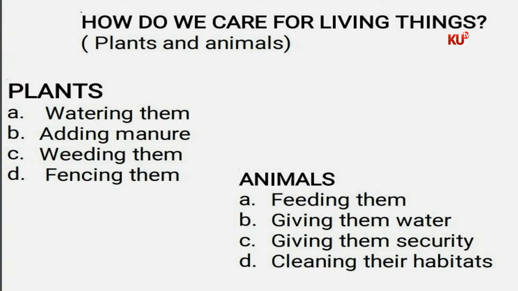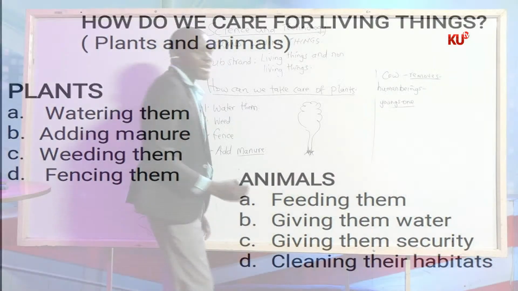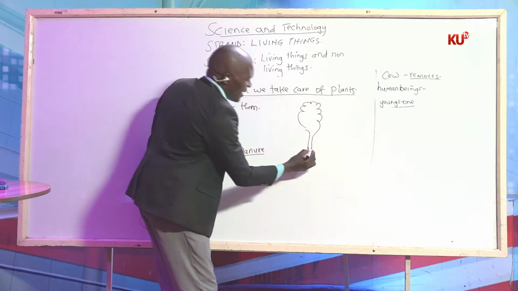And that is how we can take care of plants. And another one, you can add their manure. If you add manure on a plant, like I showed you earlier, this is a plant, and you need to add their manure.